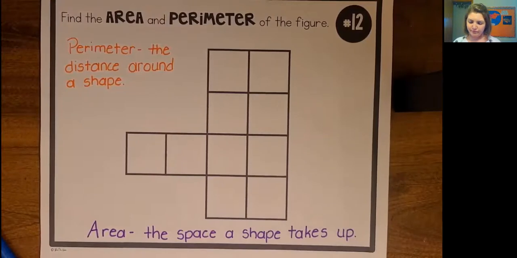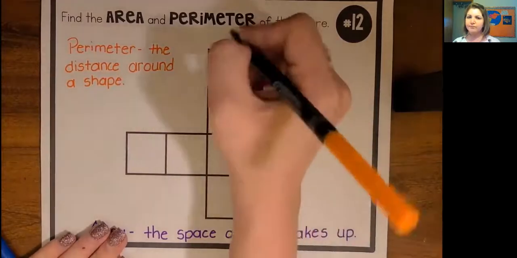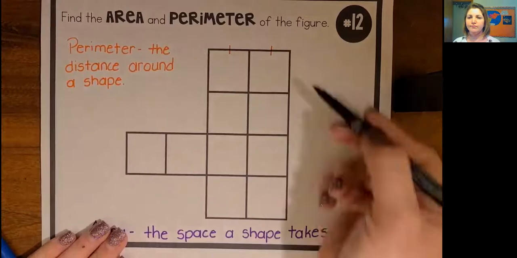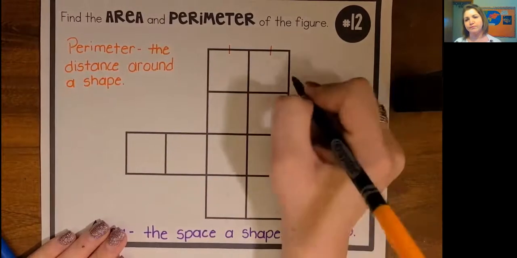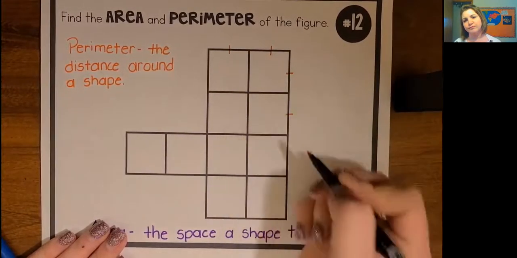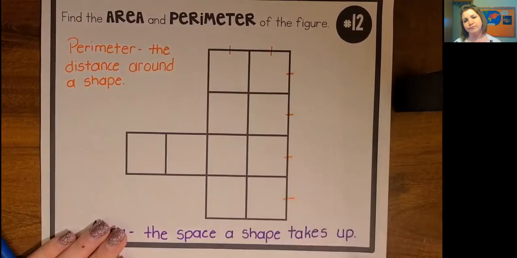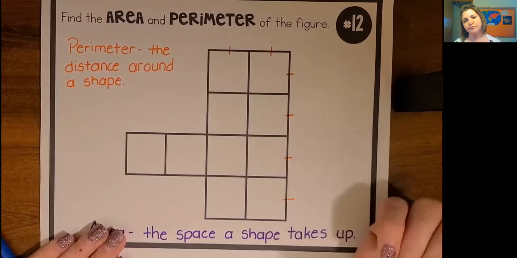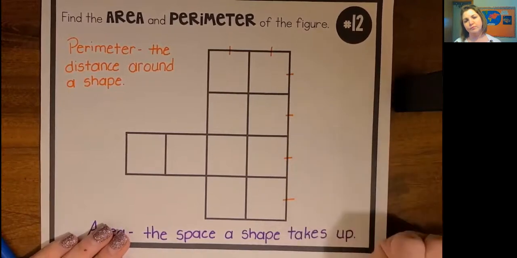All we have to do is count around every side of this figure. So start counting with me. 1, 2. Now we have to go down this side. 3, 4, 5, 6. You notice I'm putting a mark into every block because we count each of these as a unit.